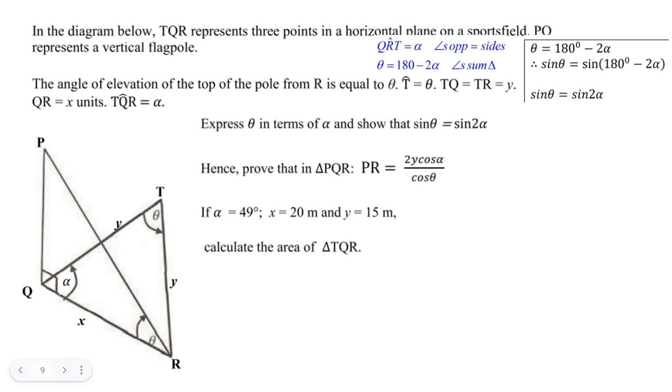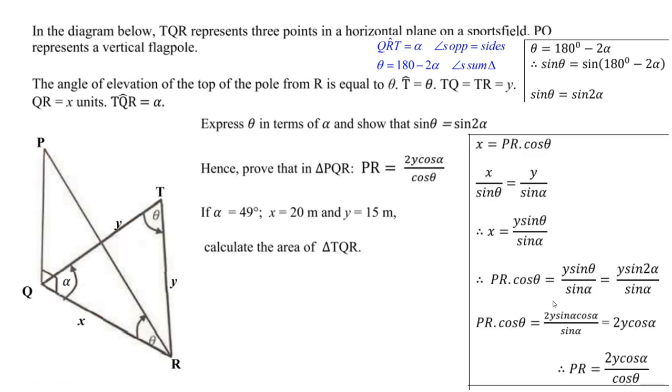So that's kind of your first step. And if X over PR equals the cosine of theta, you could write that X equals PR times the cosine of theta. But hey, we can use the law of sines to say that X goes with the sine of this angle, theta, the way that Y goes with the sine of alpha.